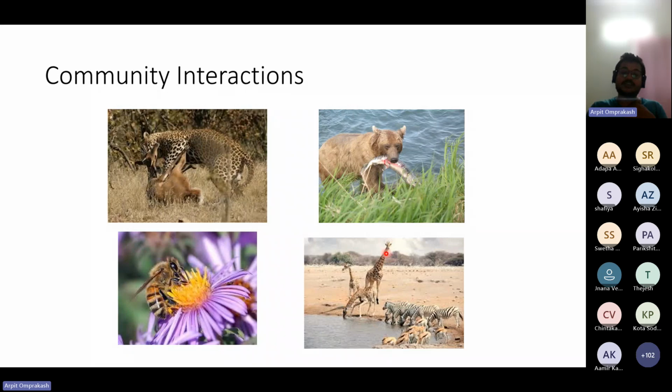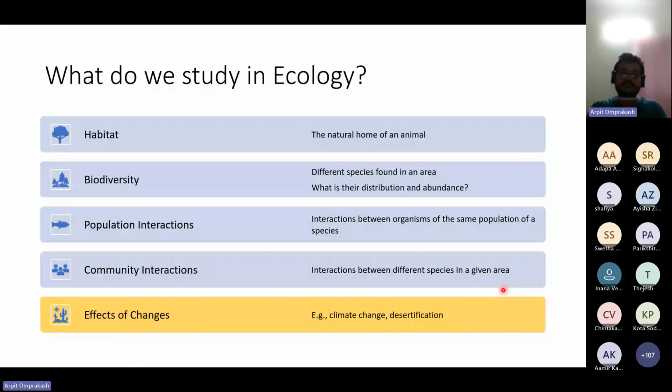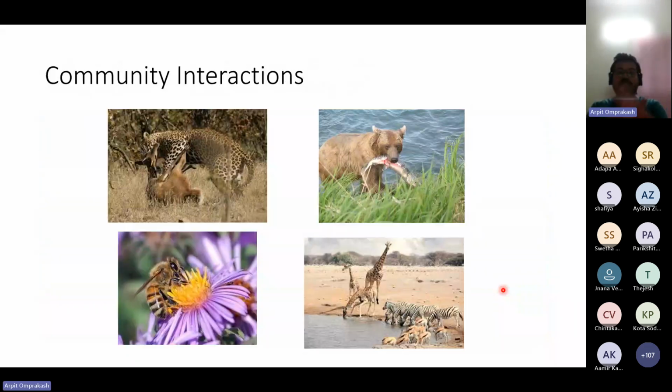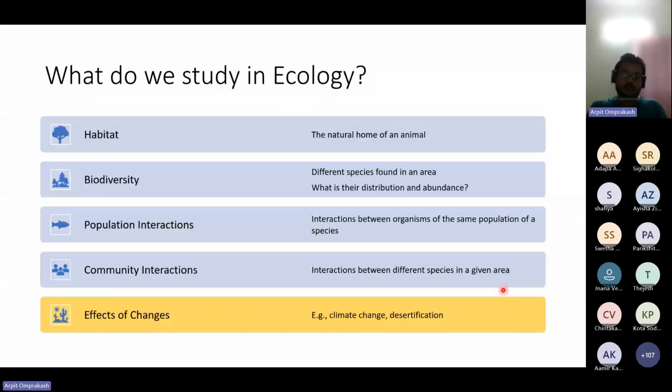When the giraffe is alarmed, the others also come to know that there is a predator around here. The study of all these interactions in a given community is called community interactions.